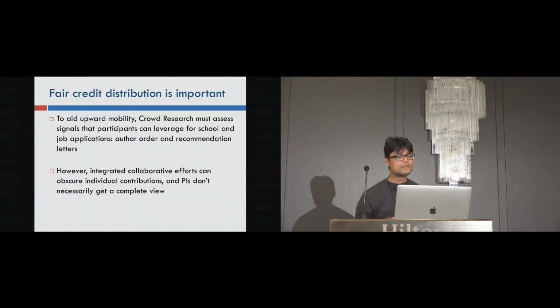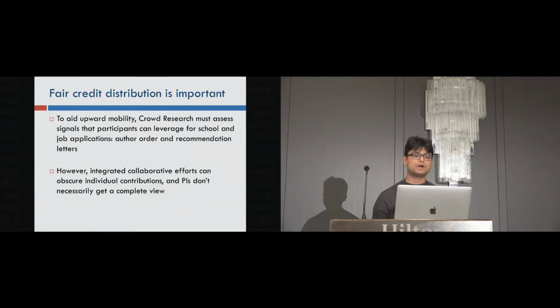Credit. To create upward mobility, crowd research really must signal participants so that they can leverage it for school and job applications. Because if there are so many participants working on something large, how do we know which participant has contributed and to what extent? How do we quantify that? It would help in their author order if they're publishing, or recommendation letters.